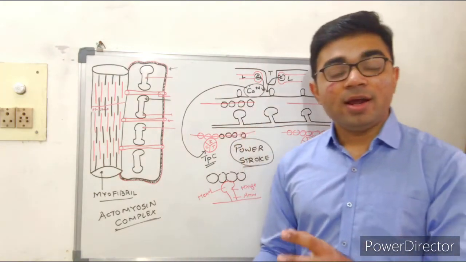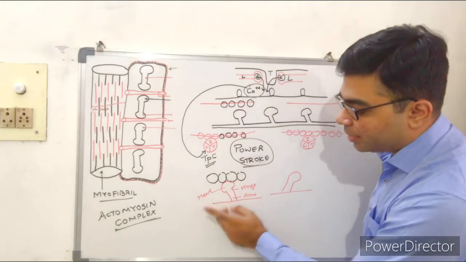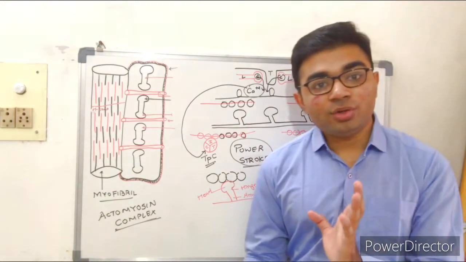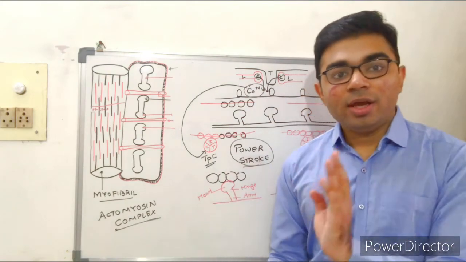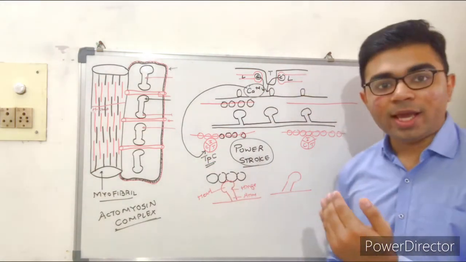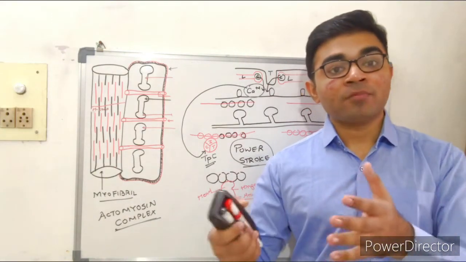The myosin has three portions, that is head, hinge and arm, and it is going to change its direction, right, to the direction exactly towards the H zone, or I can say the centermost portion of the sarcomere.